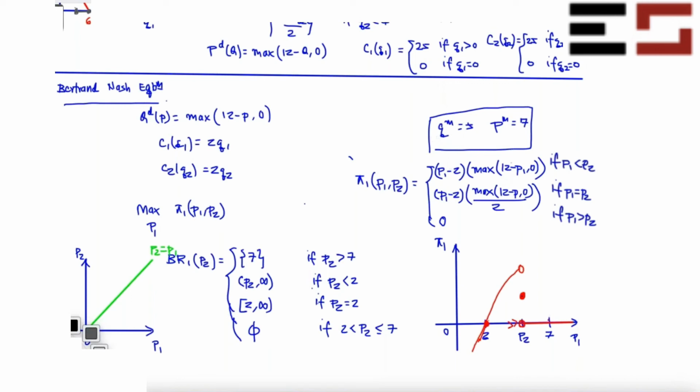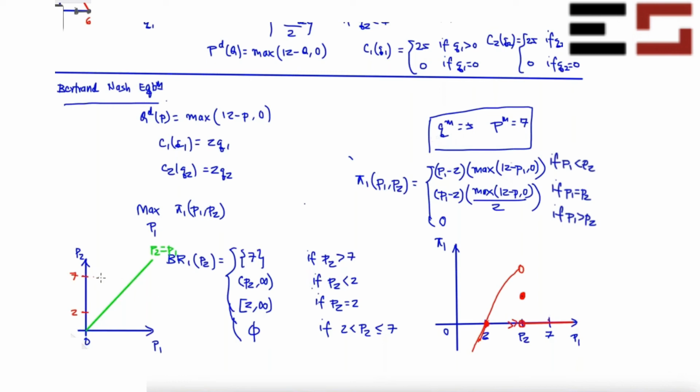Now let me consider these cases, and for each case I'm going to plot the best response of firm 1. So 2 and 7, these are the two numbers that I have to take into account. If P2 is greater than 7, then 7 is the best response.